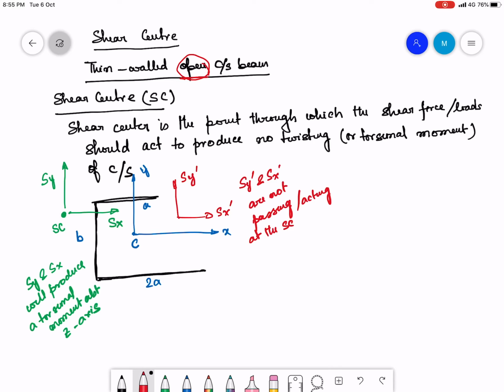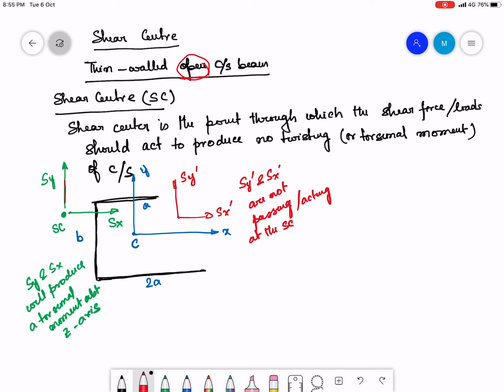But then we have to analyze the beam for any such shear stresses acting on it. So what we do is we replace Sy dash and Sx dash by a corresponding set of shear forces passing through the shear center plus the torsional moment of Sy dash and Sx dash about the shear center.